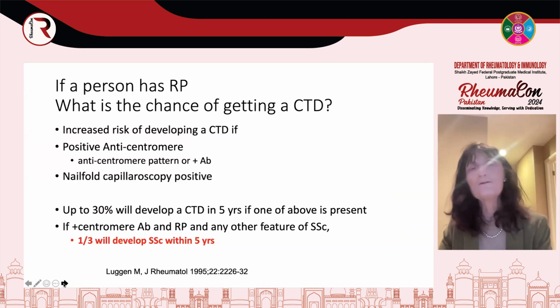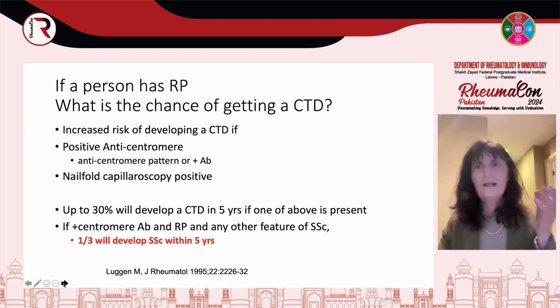So if a person has Raynaud's, what is the chance of getting a connective tissue disease? It'll be increased if the patient has other signs or symptoms. If there's a positive ANA, especially a centromere pattern. If nail fold capillaries are abnormal.